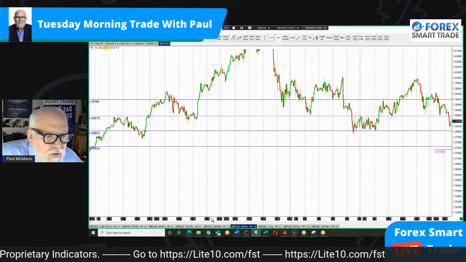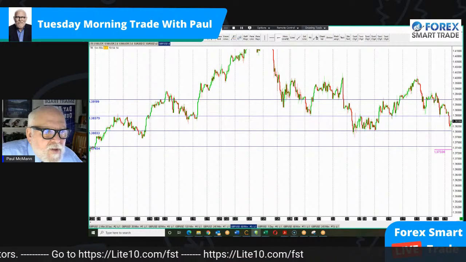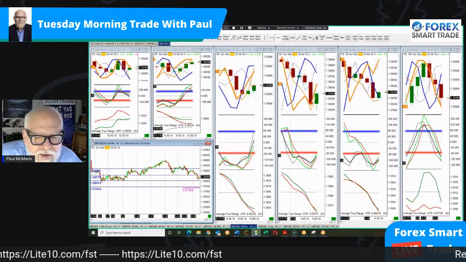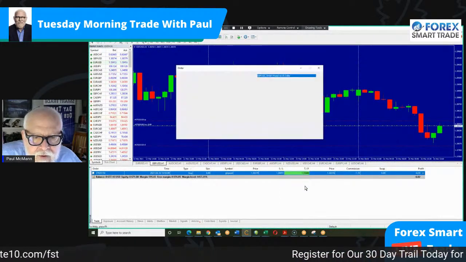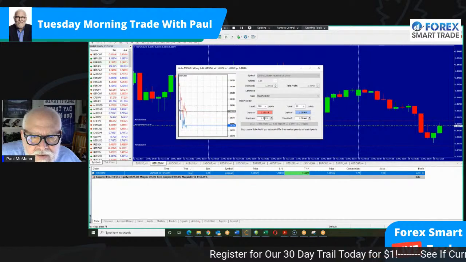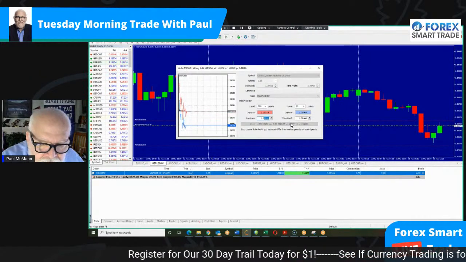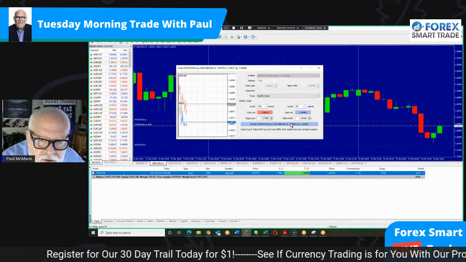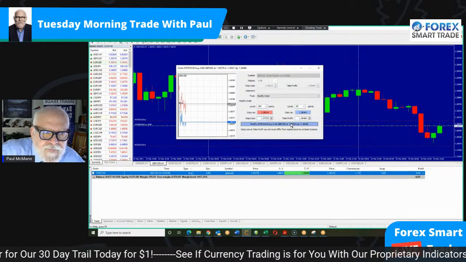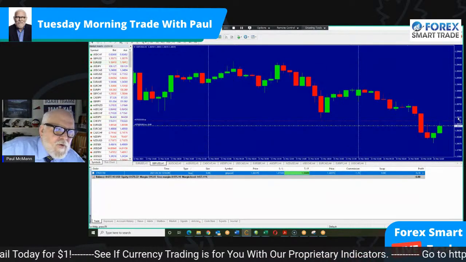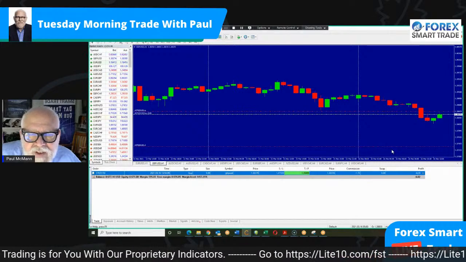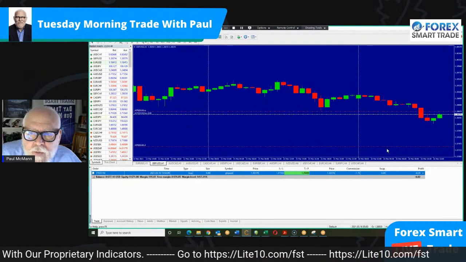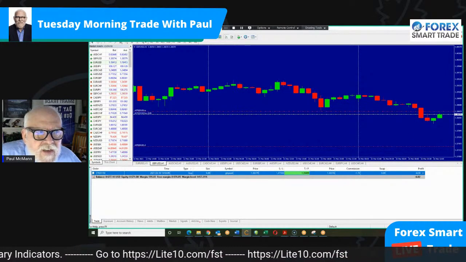So I'm going to do that 37.33. That's what I'm going to use as a stop loss. So I'm going to go back and modify it. 37.33. I'm pushing it a little further down. That is my risk tolerance. You need to determine what your risk tolerance is.